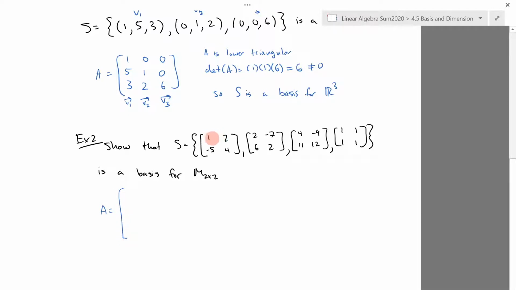So this one will be 1, 2, negative 5, 4. 2, negative 7, 6, 2. 4, negative 9, 11, 12. And then 1, 1, 1, 1.